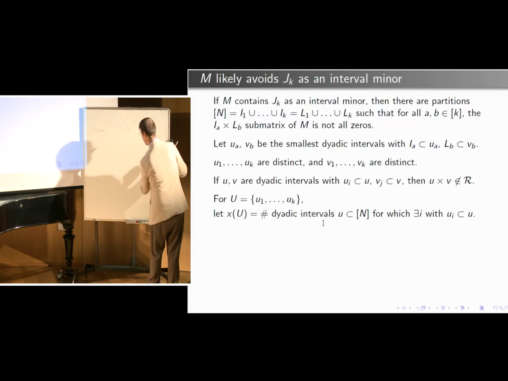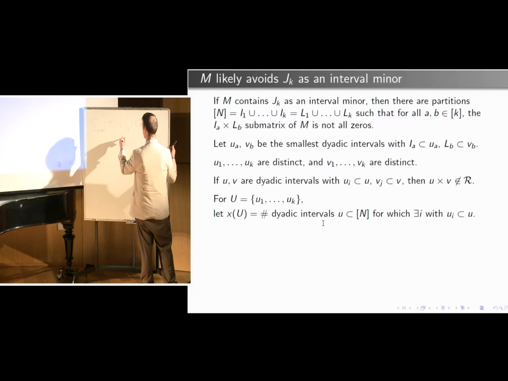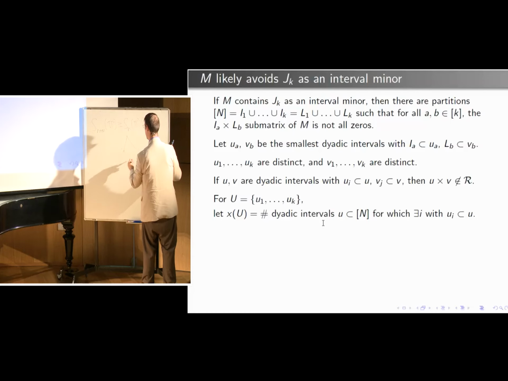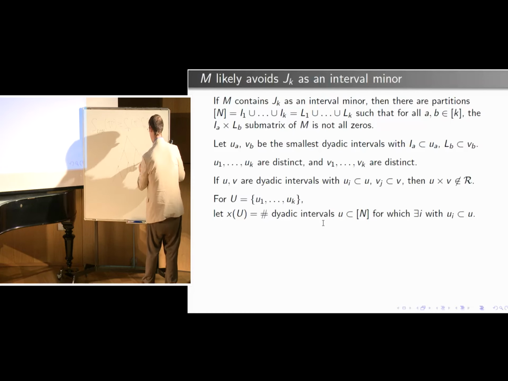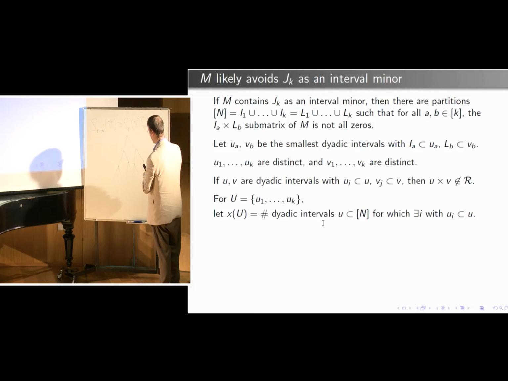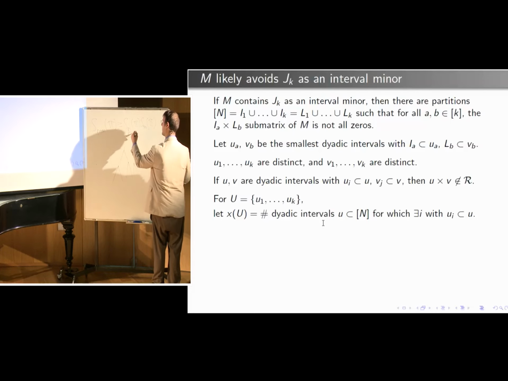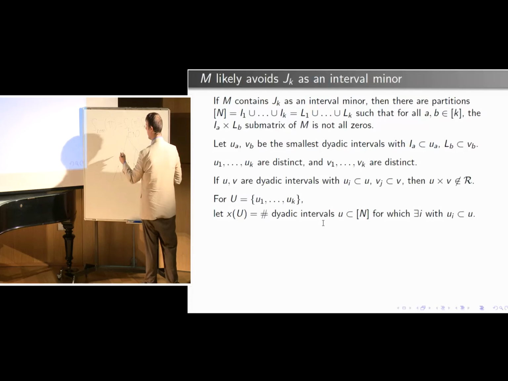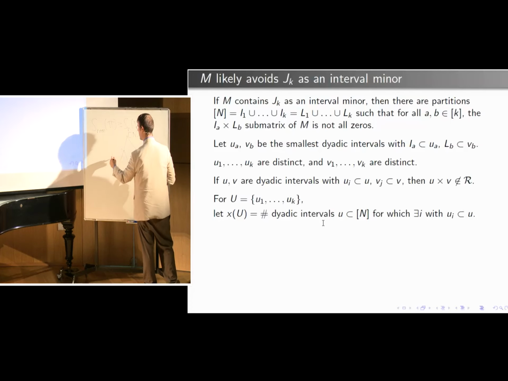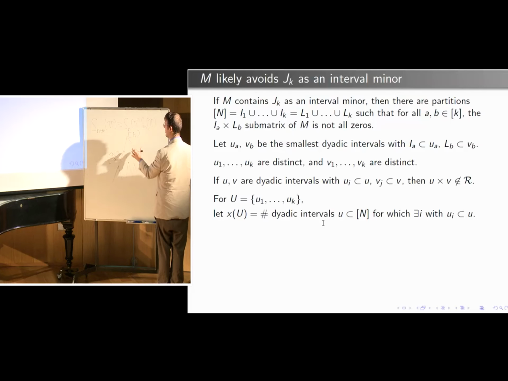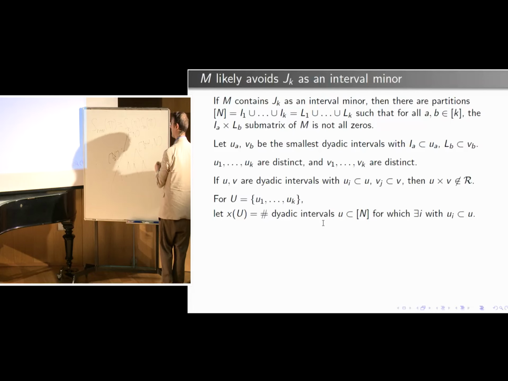So we have these K dyadic intervals, U_1 to U_K, and you can think of this as being 1 to n. At the top of this complete binary tree, here we have the first n integers, and we split it in half into two smaller dyadic intervals, and you keep splitting down here.